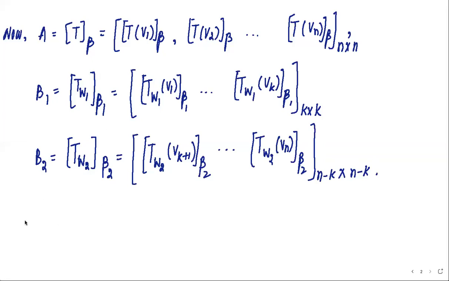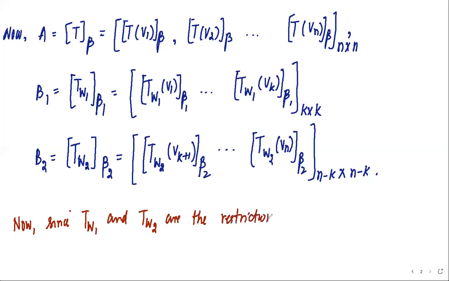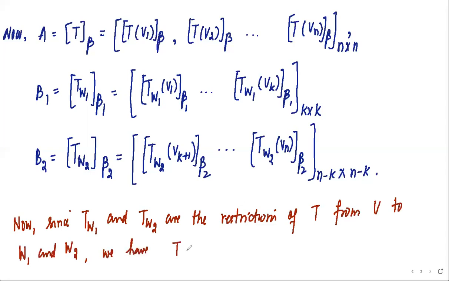So now, since T_W1 and T_W2 are the restrictions of T from V to W1 and W2, we have T(vi) is equal to T_W1(vi), where i runs from 1 to k.